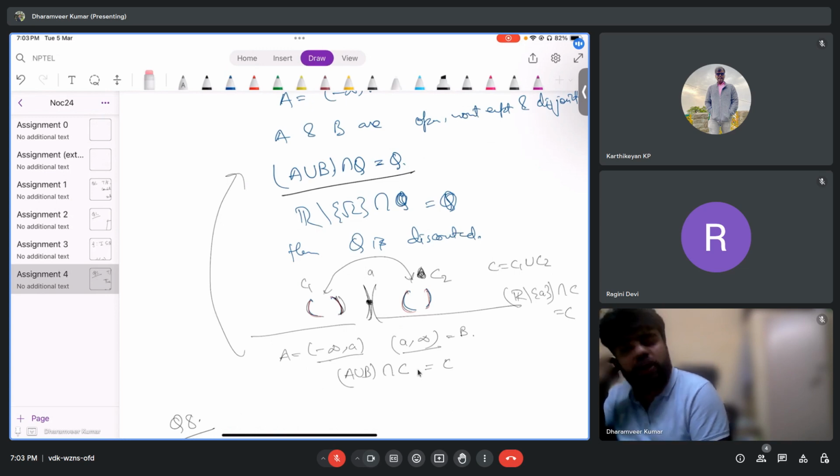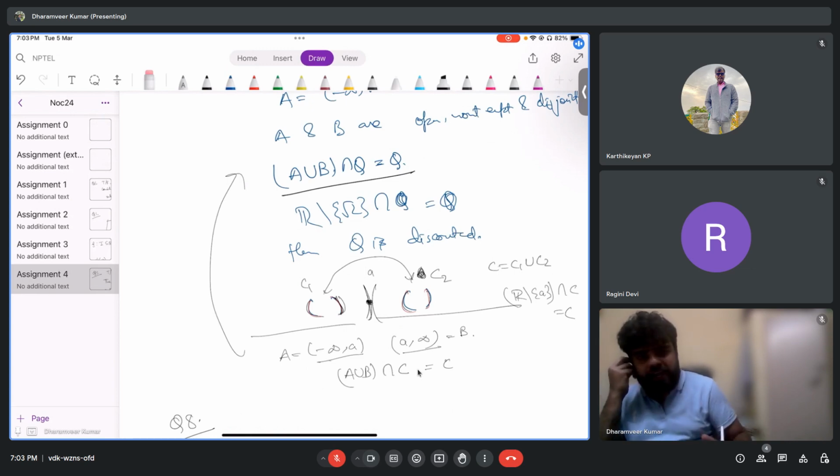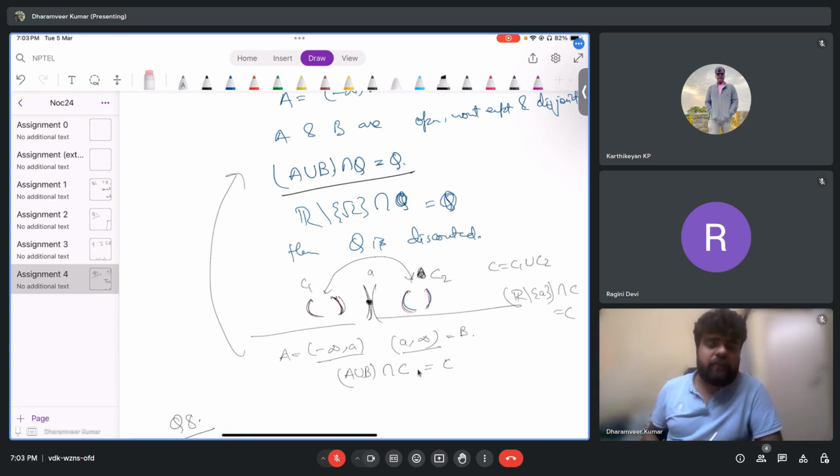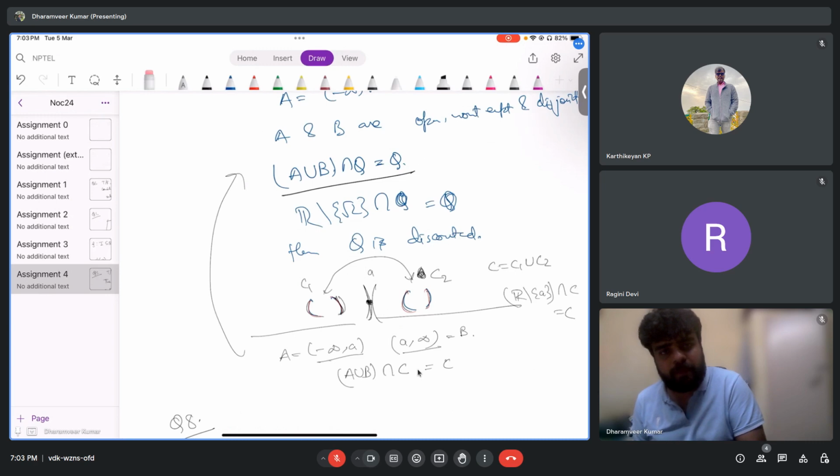But you cannot do the same with an interval. So the interval is a connected set. What you're trying to do with connectedness is generalize the idea of an interval. Okay? I hope you get this.